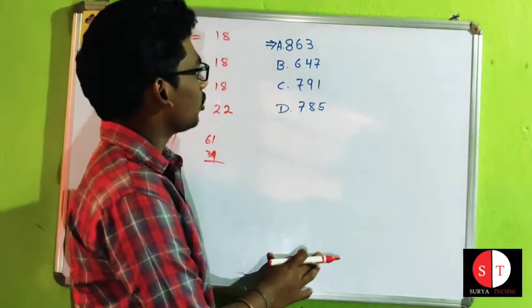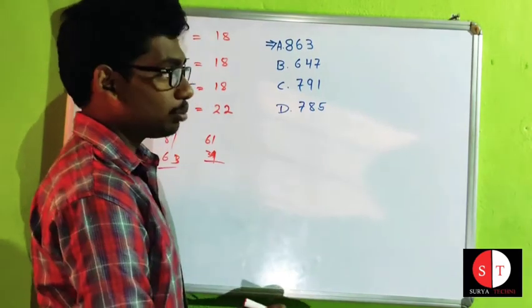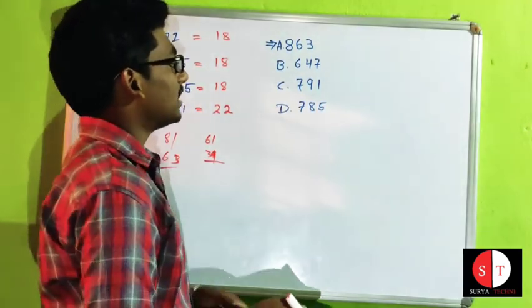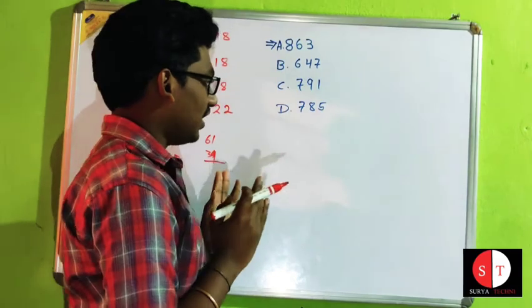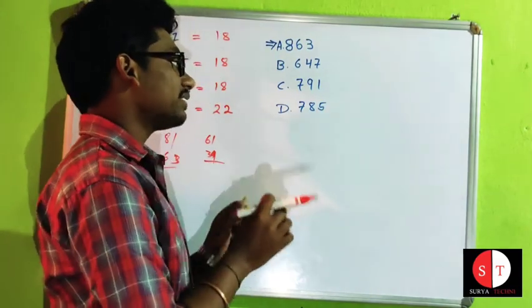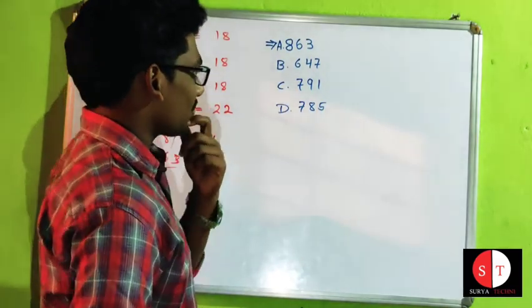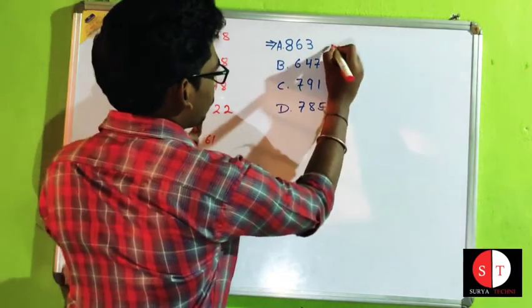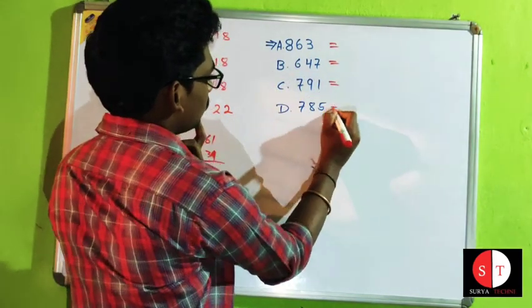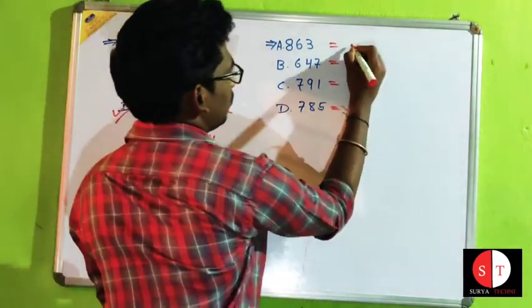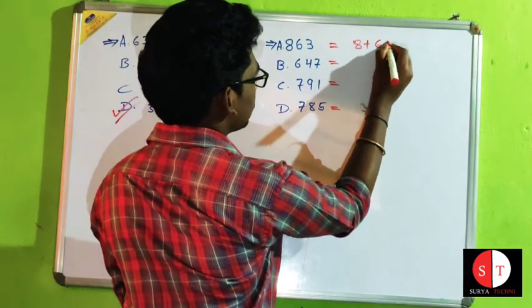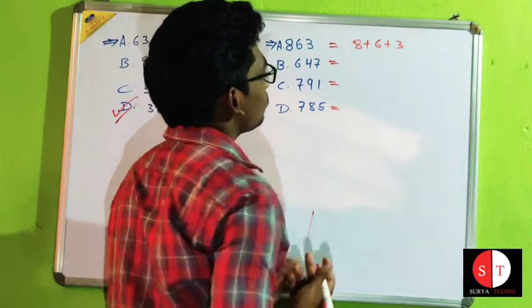Okay, next question. Option A is 863, option B is 647, option C is 791, option D is 785. Calculate it. Can you add 8 plus 6 plus 3?